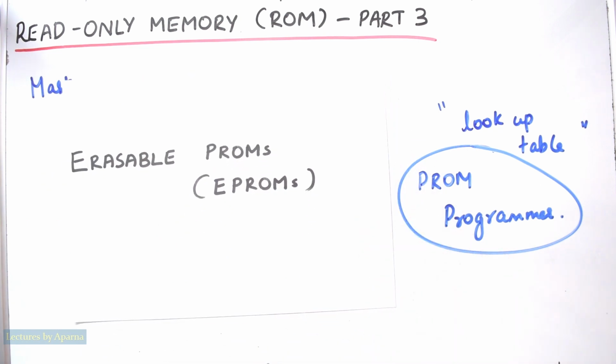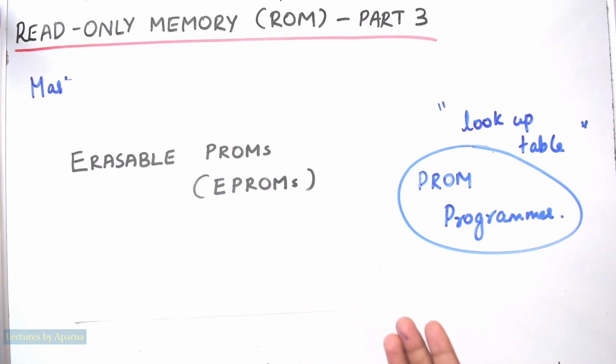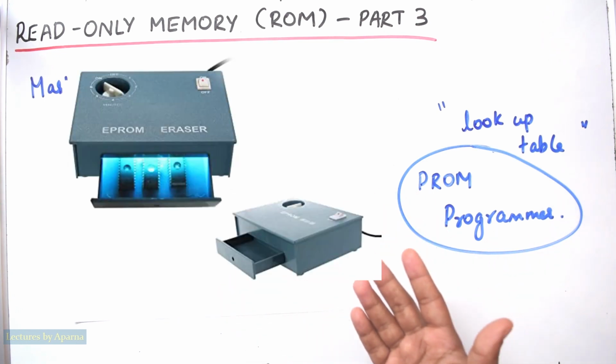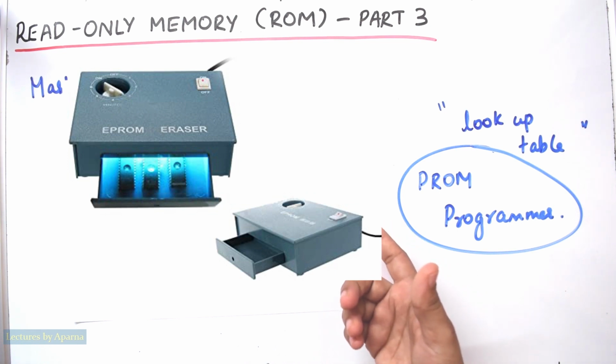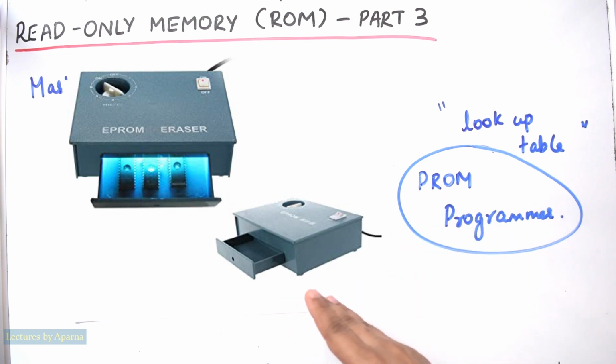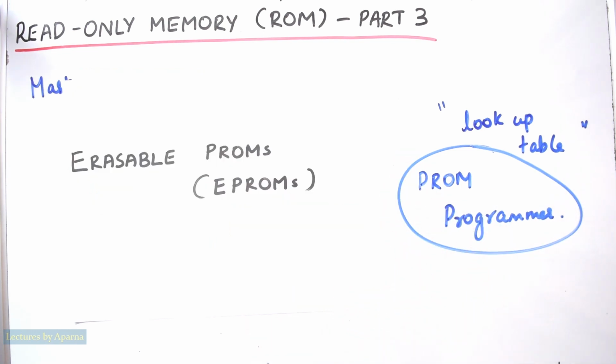The third type of PROM is erasable PROM or EPROMs. As the name says, these are PROMs which are erasable. When the EPROM needs to be reprogrammed, you can place it under a special ultraviolet light for a given period of time and it will erase the programming that was already done and then you can reprogram it to a new set of values.